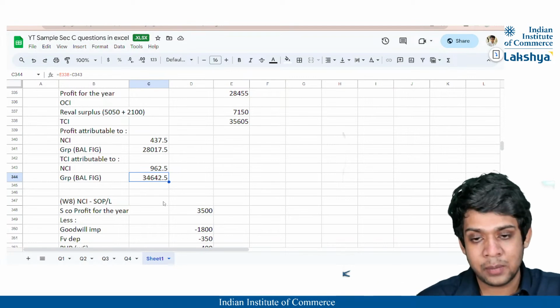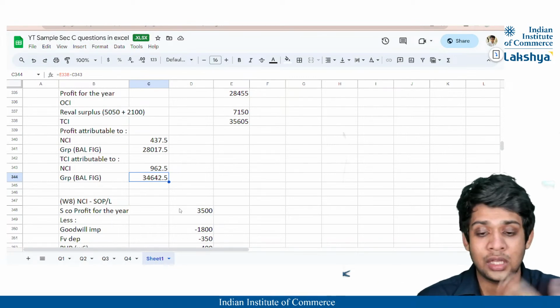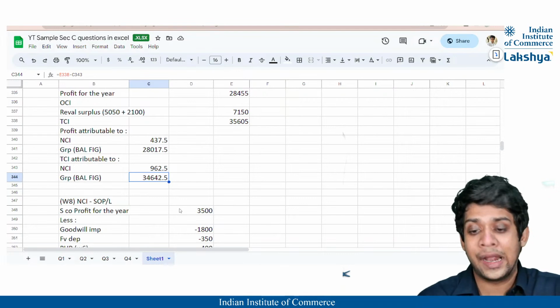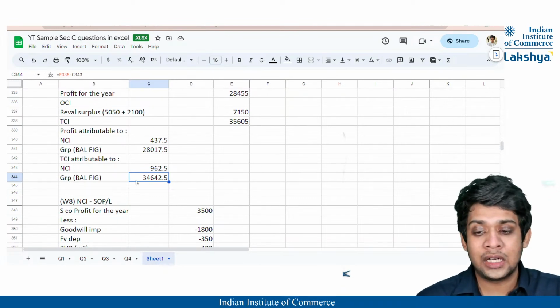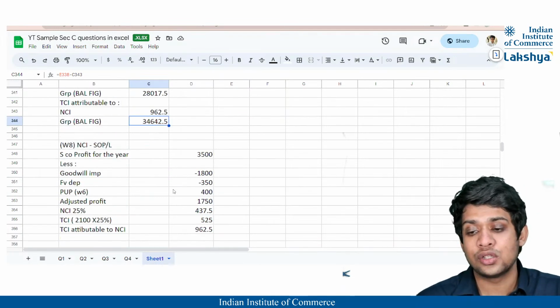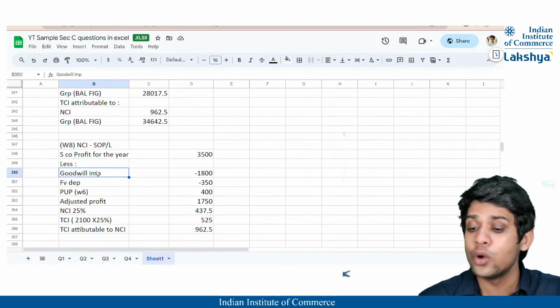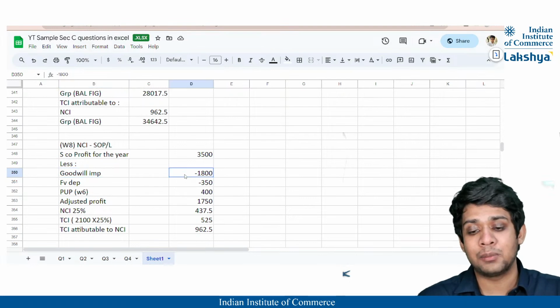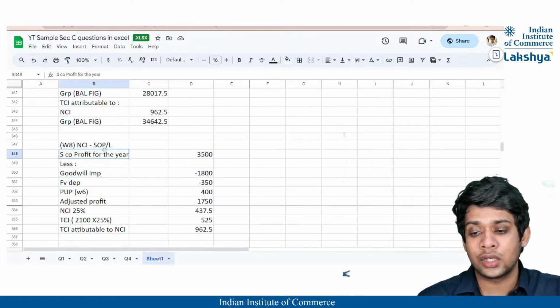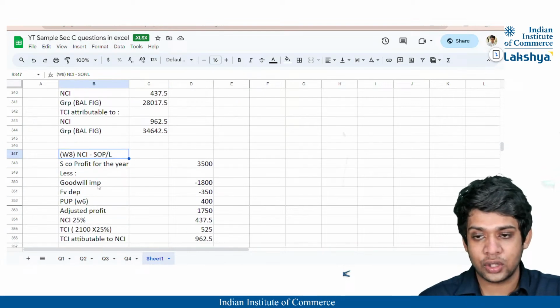In your solution, when you go through, it could be a different answer, and probably it might be because there would be possibly a mistake there, or they might have found out some different accounting, I don't know. But an appropriate accounting would be this, wherein we also include the goodwill, because if the non-controlling interest is valued at fair value, obviously the goodwill impairment must be allocated to the working note of non-controlling interest, which is for statement of profit or loss.